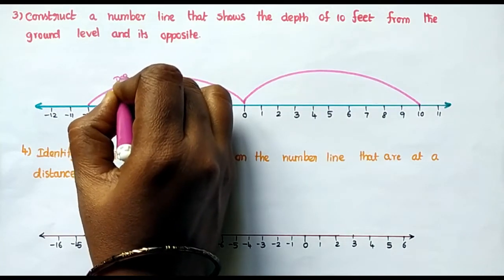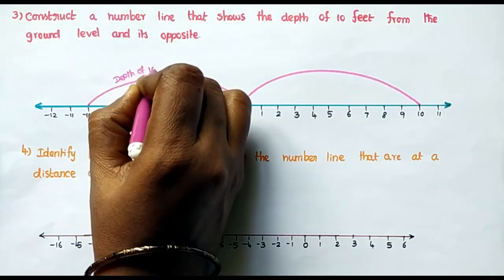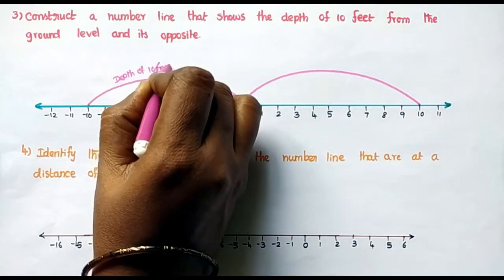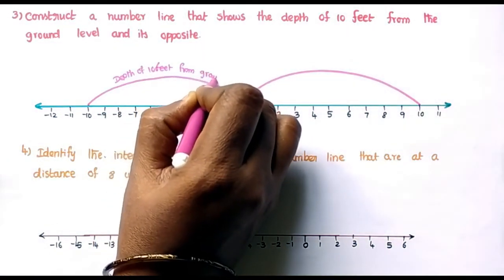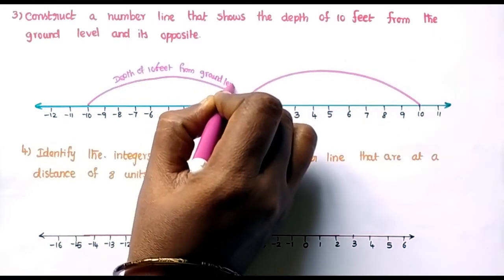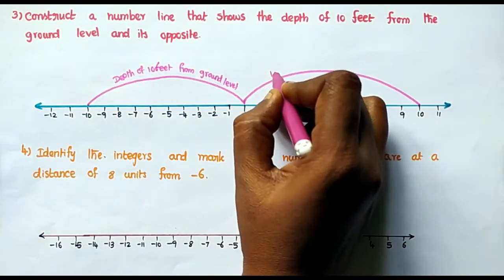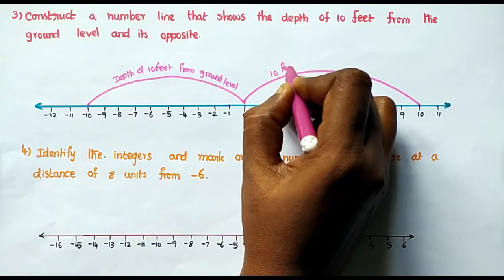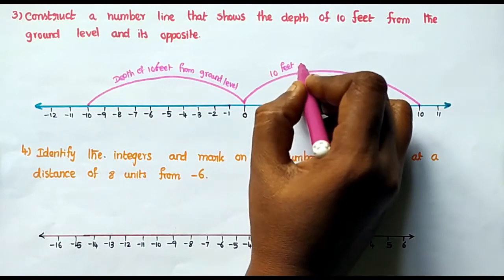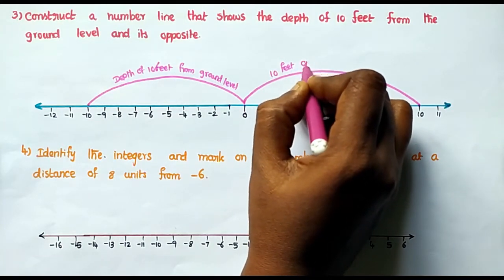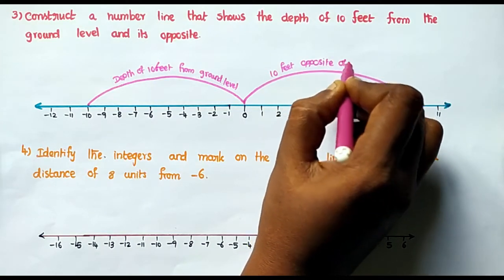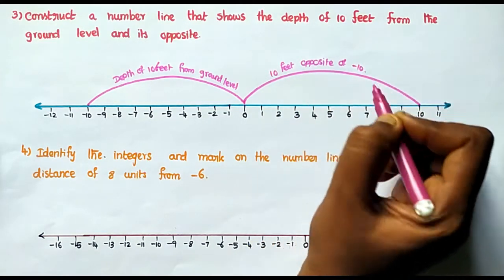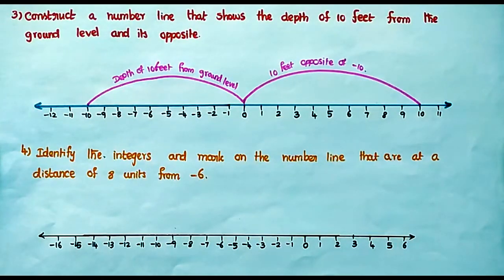Depth of 10 feet from ground level is minus 10, and its opposite is 10. So that is the answer.